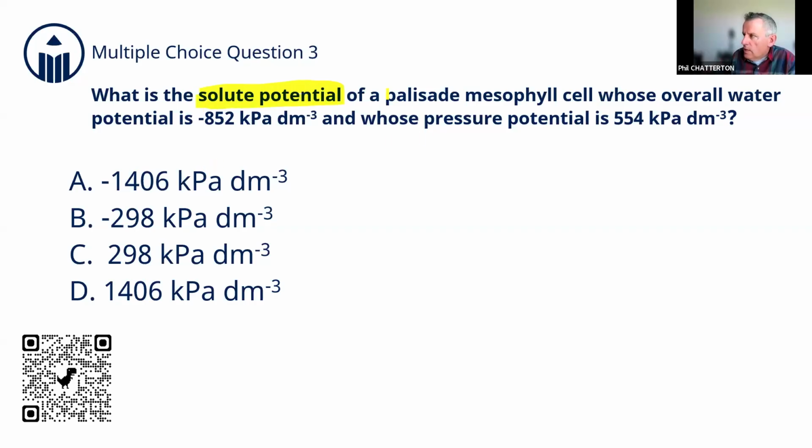Solute potential. It's a palisade mesophyll cell, so that's an important photosynthetic cell in a leaf, isn't it? It's the main cell that performs the job of photosynthesis, making food, whose overall water potential is minus 852 and whose pressure potential is 554. Okay, so let's see what the answer will be.